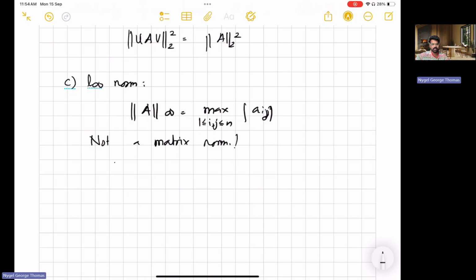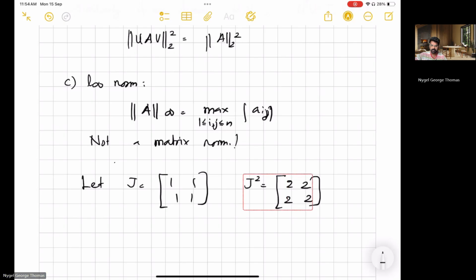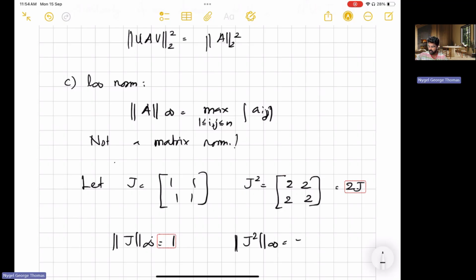Proving something is not a norm is always easy because you just have to take a counterexample. So you have to cleverly choose a counterexample. Let's have a matrix J, which is 1, 1, 1, 1. And we know J squared is equal to 2, 2, 2, 2, which is actually 2 times J, right? The infinity norm of J is equal to 1, while the infinity norm of J squared is equal to 2.